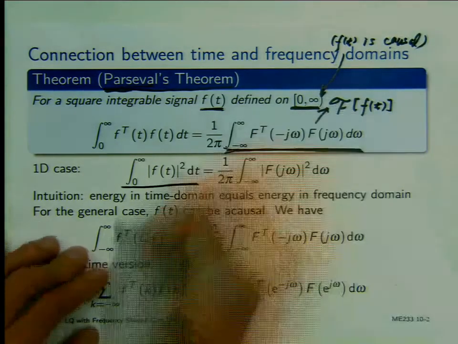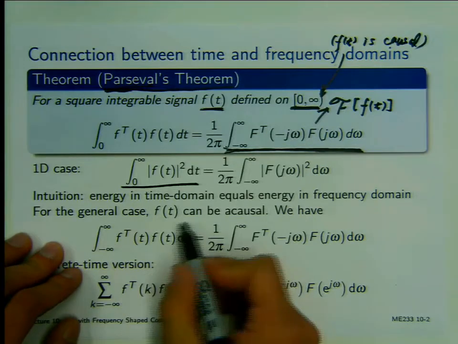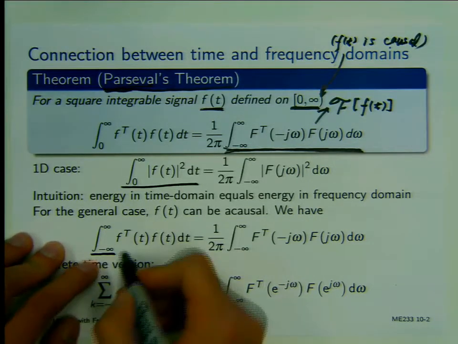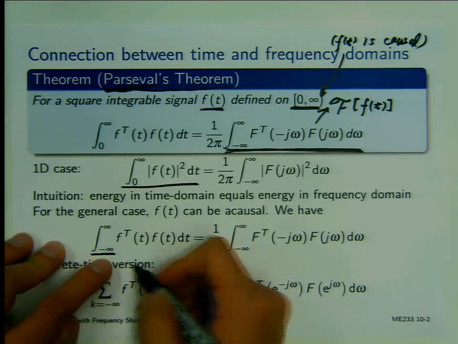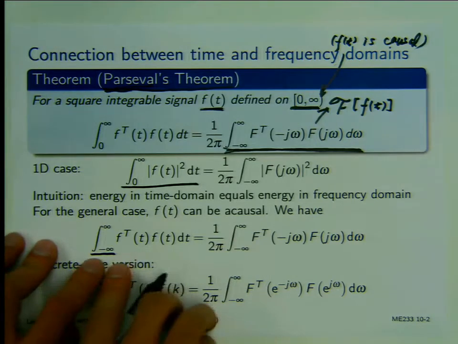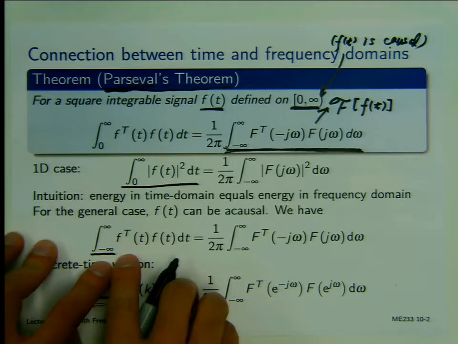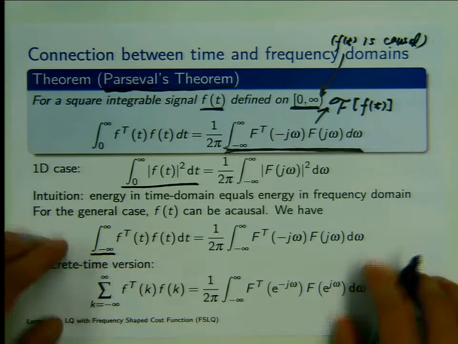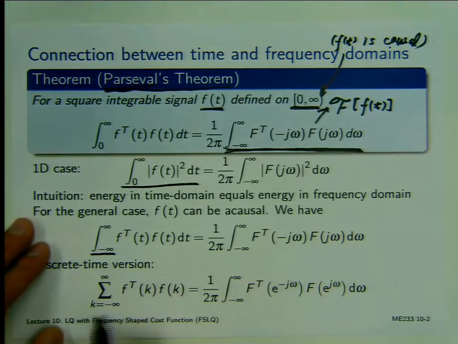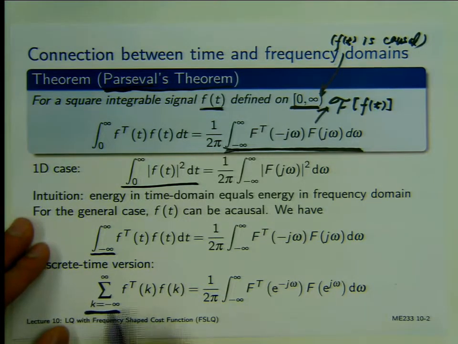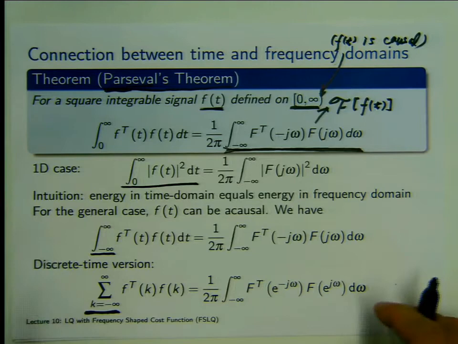In the general case, f(t) can be defined from negative infinity to positive infinity as well. In that case, this integration is over whatever region f(t) is defined on. And in the discrete time version, replace the integration sign with the summation sign. Everything else is the same.